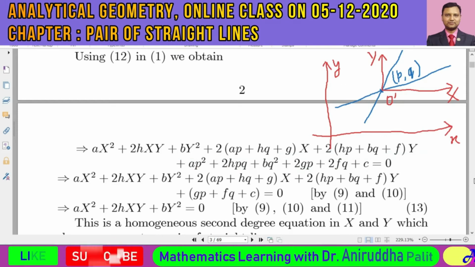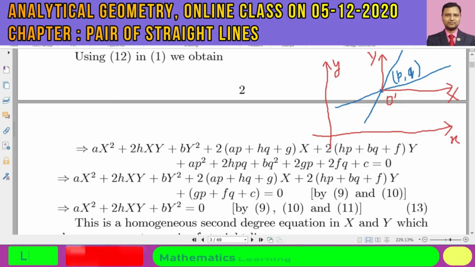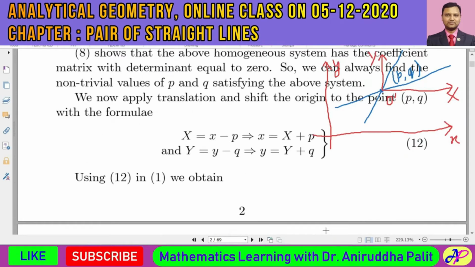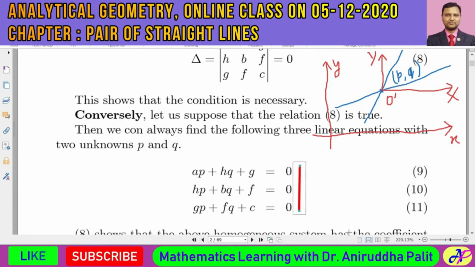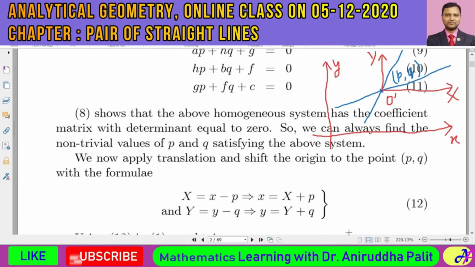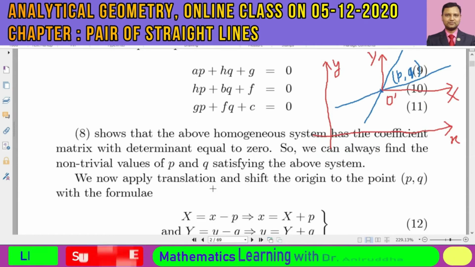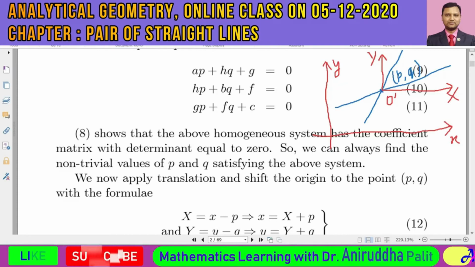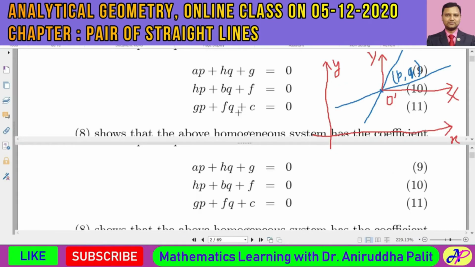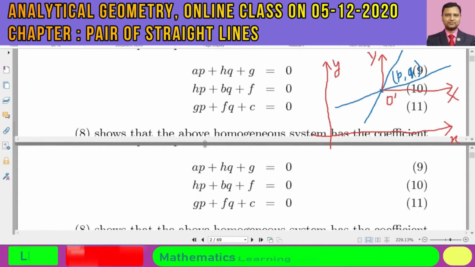Got it? But due to these three equations, number 9, 10 and 11, let me fix this equation and let me split it. Hopefully this would be helpful to you.